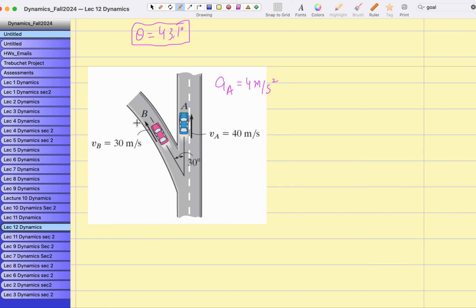Acceleration A sub B equals -3. So we want to find out acceleration B from A.